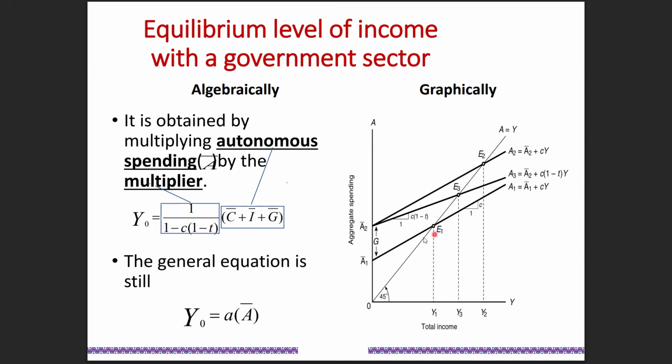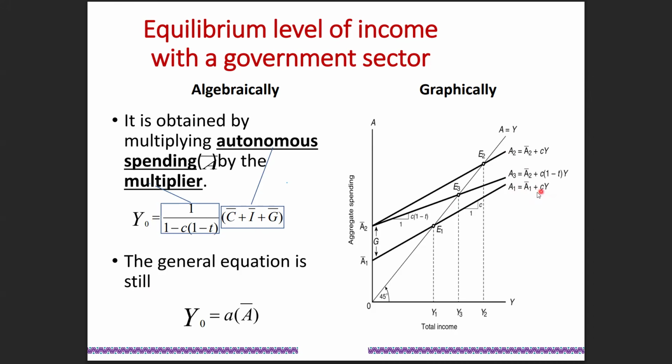And this is where we have our equilibrium, E1, whereby our aggregate expenditure is equal to autonomous aggregate expenditure plus CY, right? Then we introduce the government.